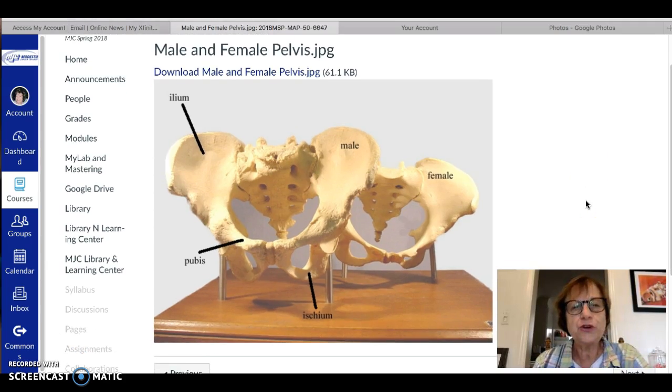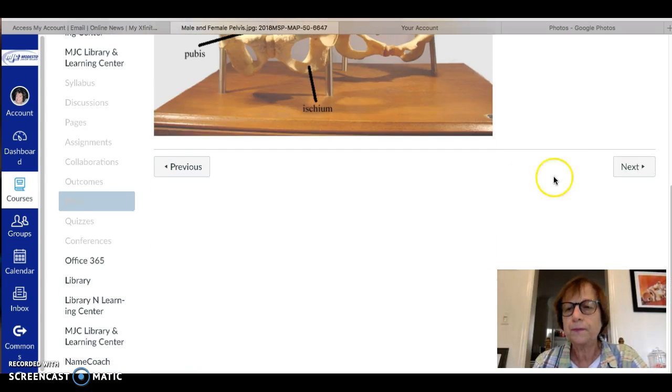You can determine whether a skeleton is male or female by looking at certain parameters of the pelvis. So look at those characteristics as you study the chapter.